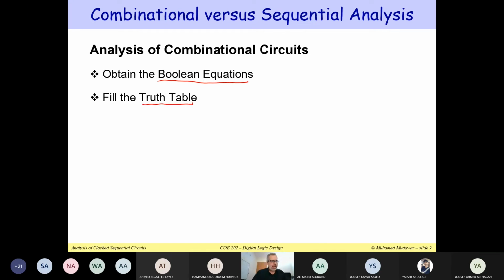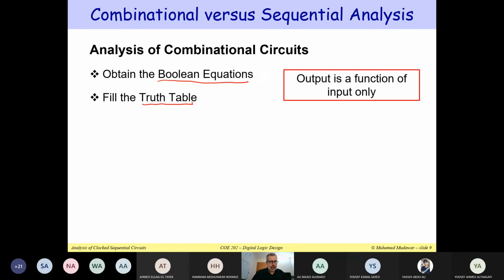All we have to do is just fill the truth table and we are done. That's the analysis of combinational circuits. In the case of sequential circuits, the story is different. In the case of combinational, the output is a function of the input only because there is no state. There is no memory inside the combinational circuit.